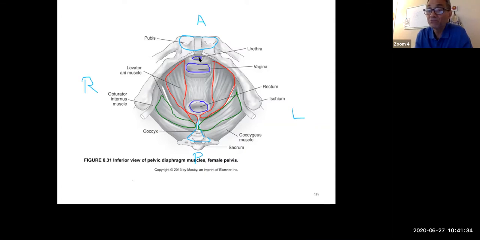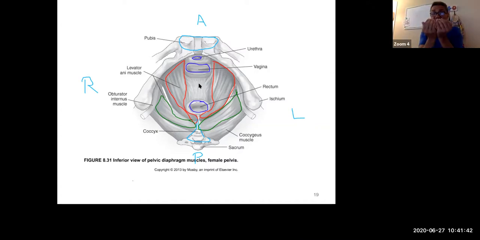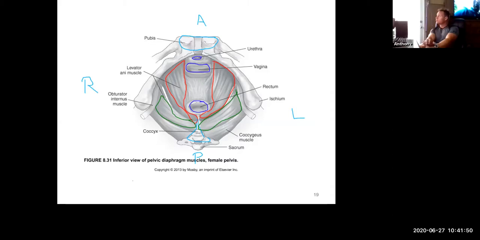The bladder might also protrude through the urethral opening, and we call it prolapse too. So if those muscles get loose, what's going to happen to the structures? They're going to push through, protrude. And this is what we refer to as prolapse.